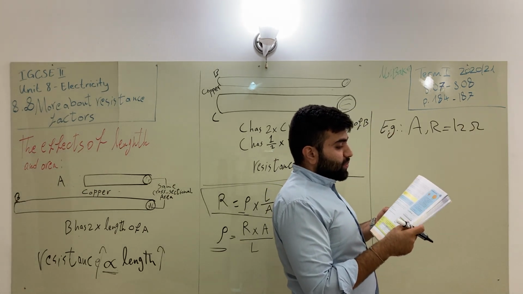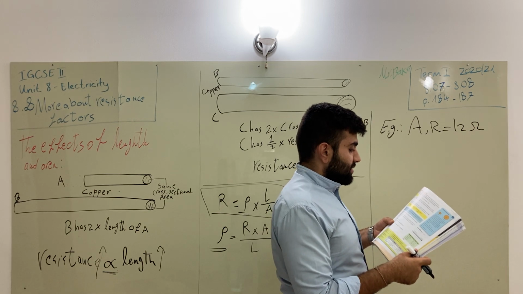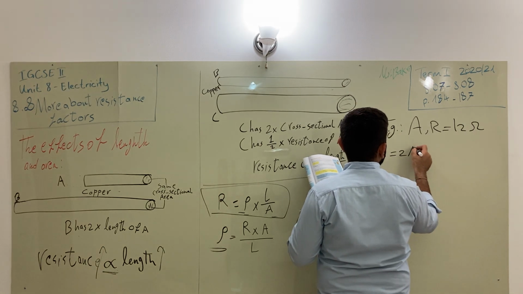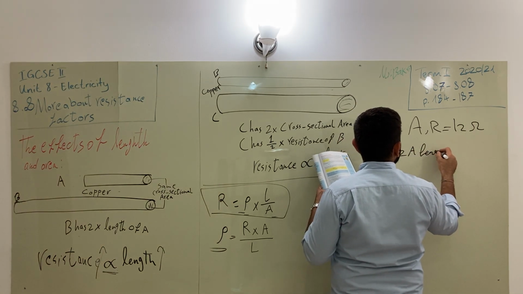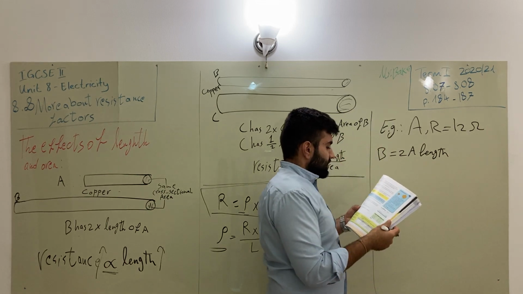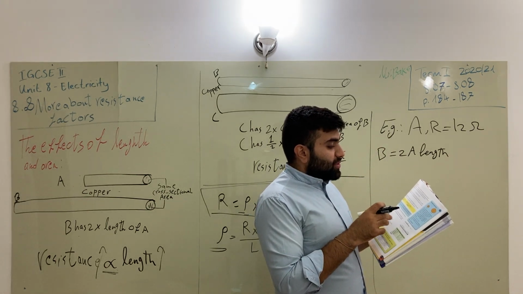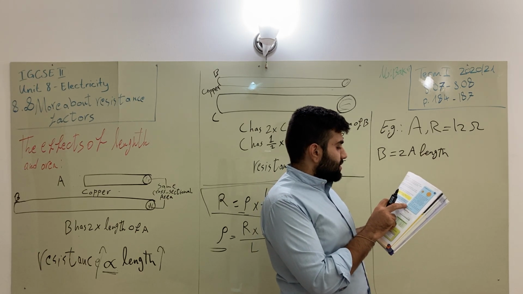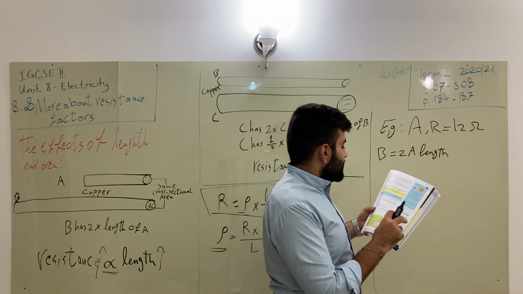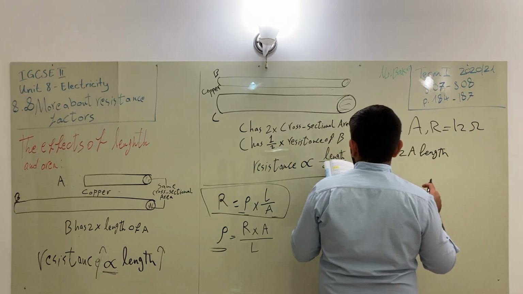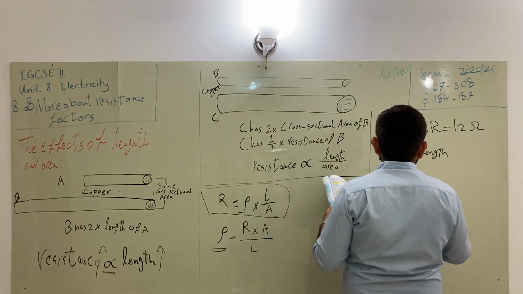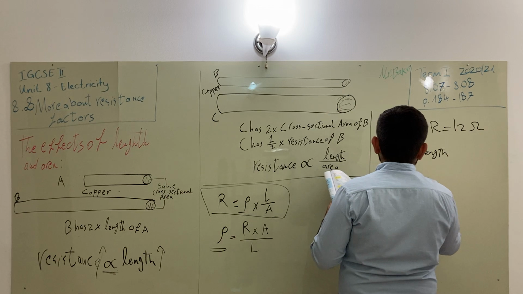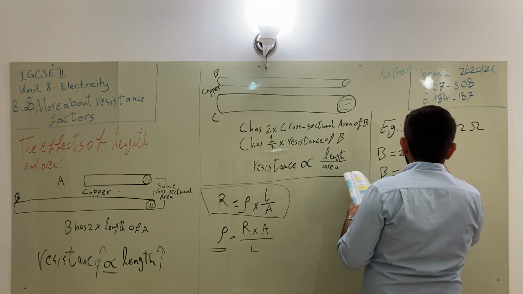If wire B is twice the length of A, so B is equal to 2A by length, and twice the diameter, so the section area of B is also larger than A.